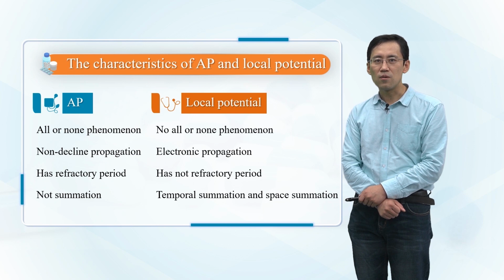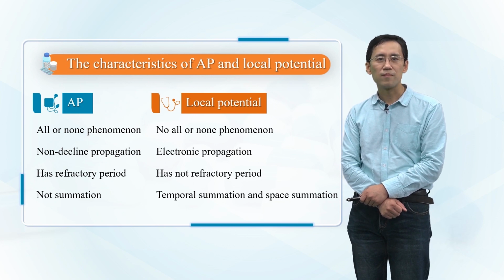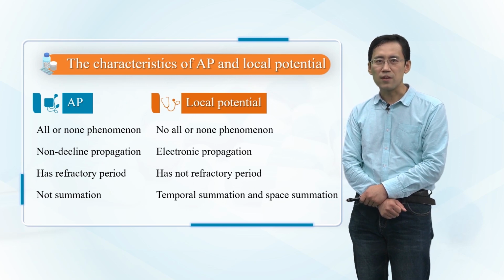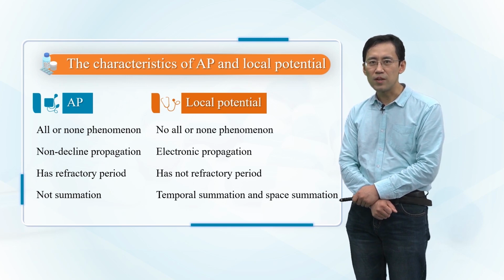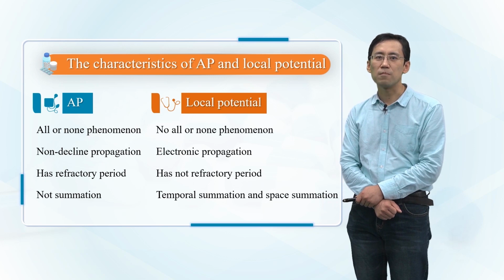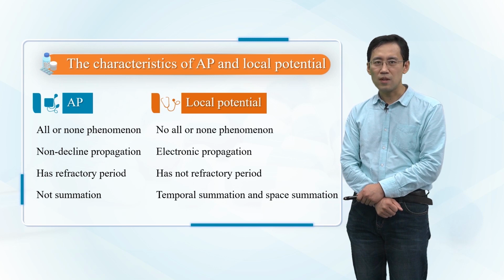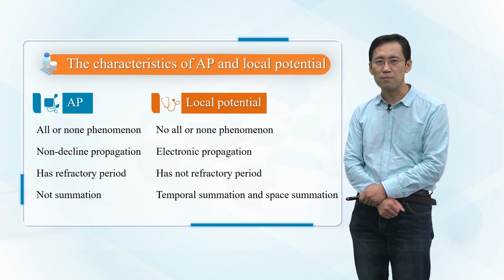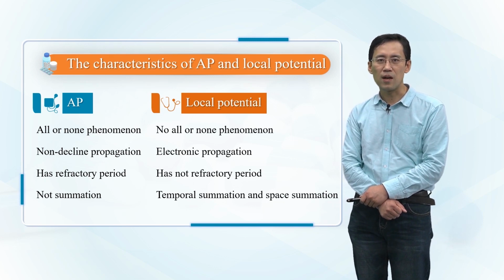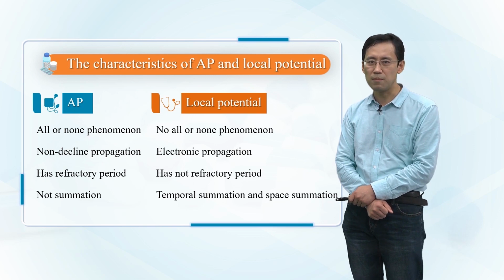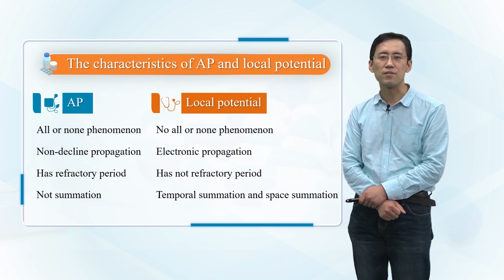The local potential is electrotonic propagation. AP has a refractory period, but local potential has no refractory period. Action potential cannot be summed up, but local potential can undergo temporal summation and spatial summation.